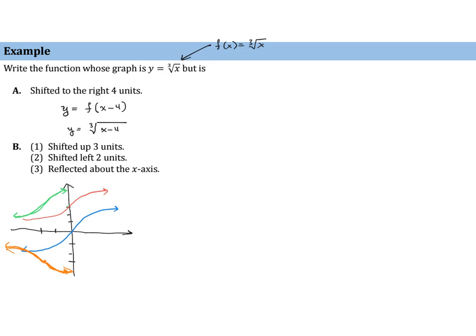Okay, so now let's think about how we could get from the blue curve to the orange curve using our sequence of transformations. So we could move left 2 units, and then that would move this blue curve to the left, and then we want to do a reflection next.